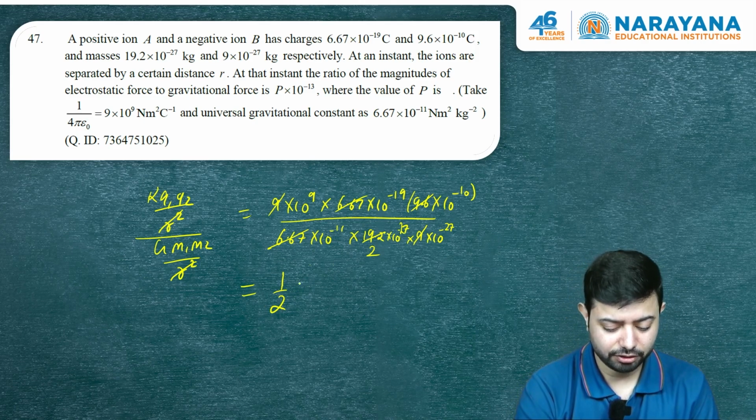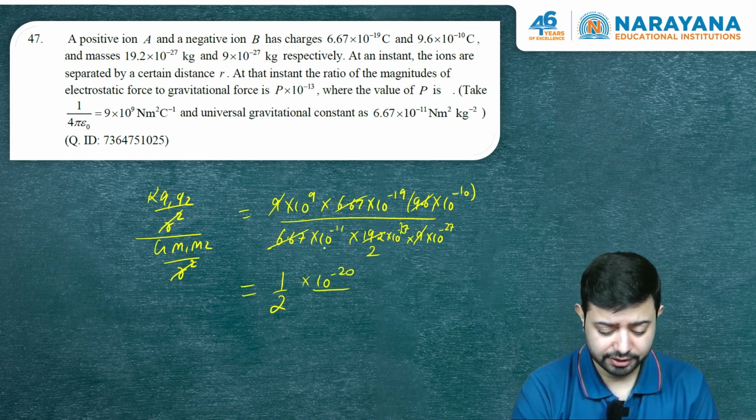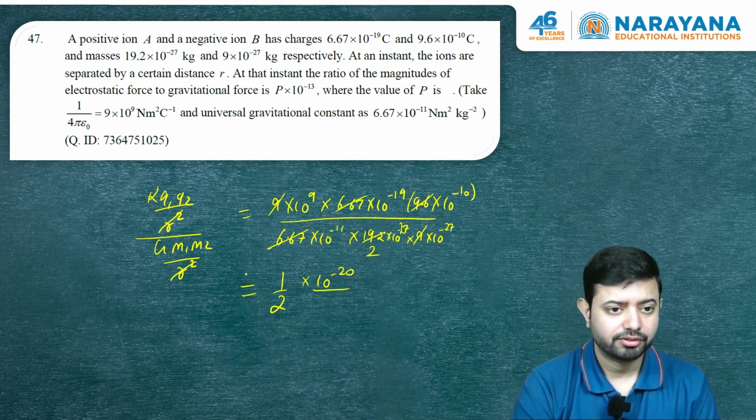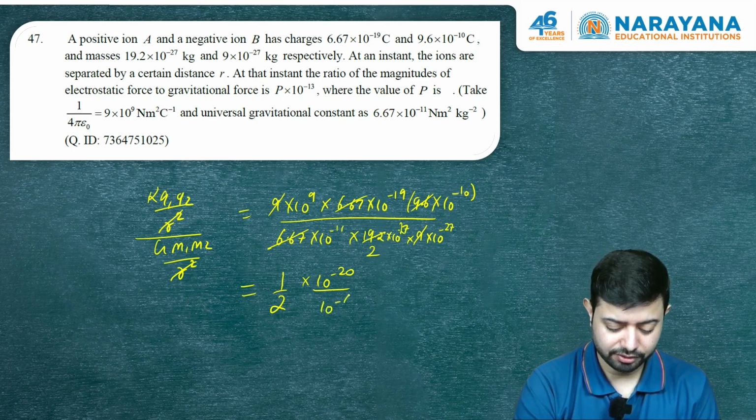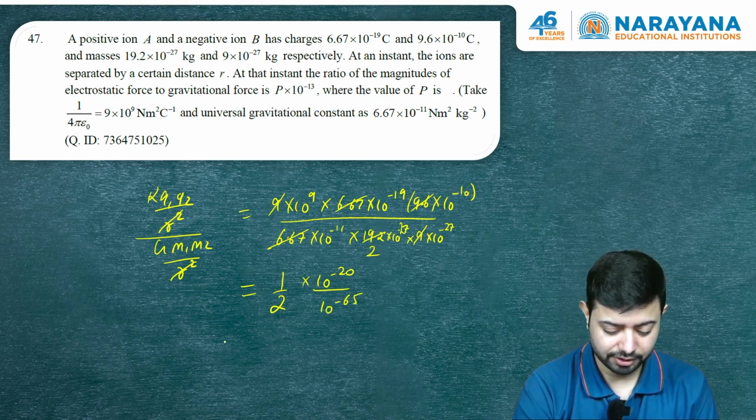Overall it will be 10 to the power minus 20, divided by 10 to the power minus 11 in denominator, 10 to the power minus 27, 10 to the power minus 27, that is 54. 54 and 11 together will give you 65. So, 10 to the power minus 65, right.